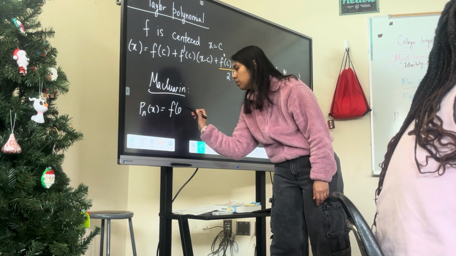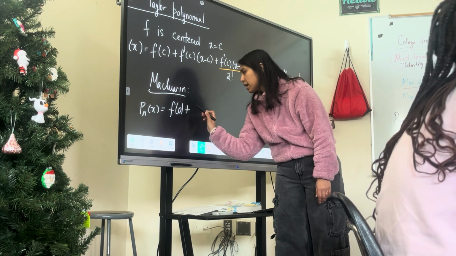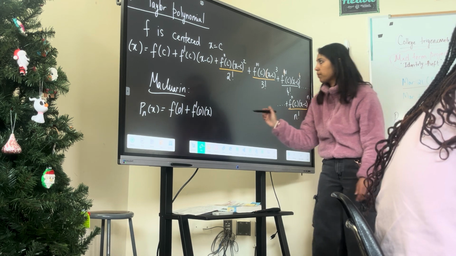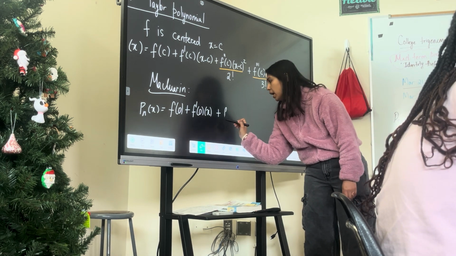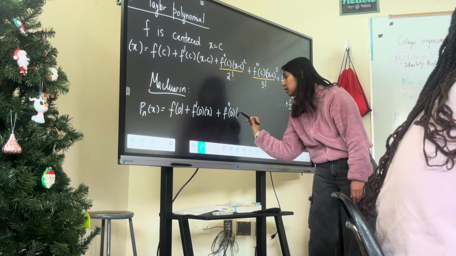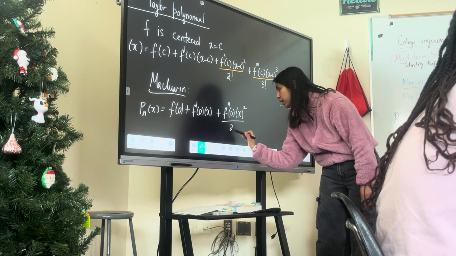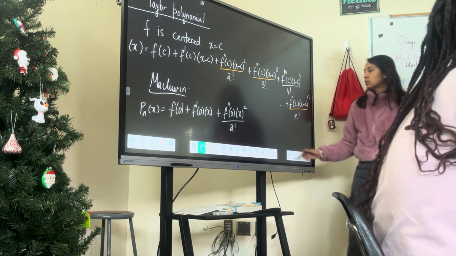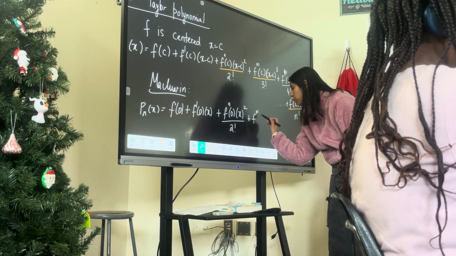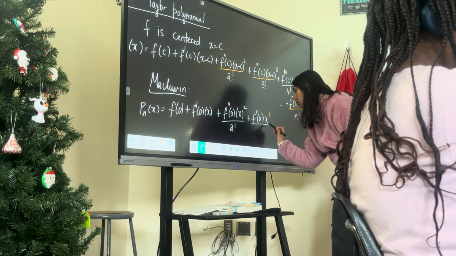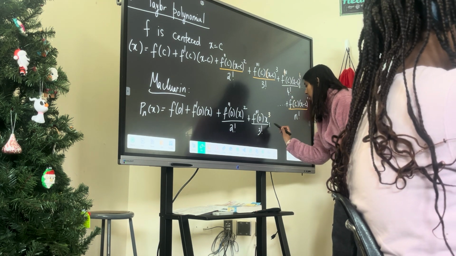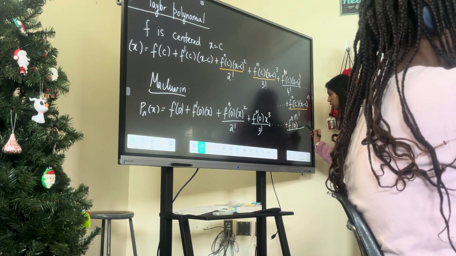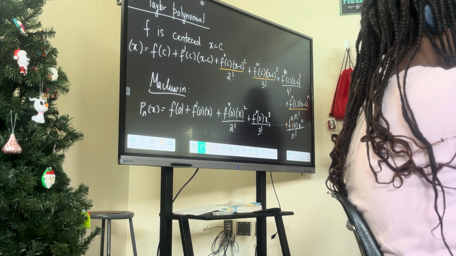So it's f of 0 plus f prime of 0 times x, because x minus 0 is x, plus f double prime of 0 times x squared over 2 factorial, plus f triple prime of 0 times x cubed over 3 factorial and so on to the nth derivative of 0 times x to the n over n factorial.